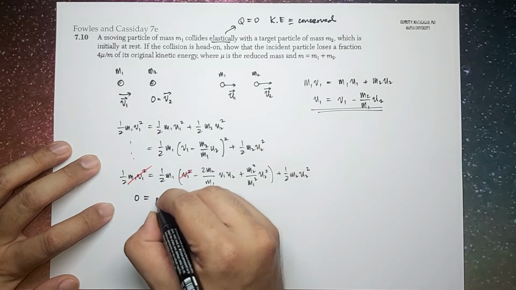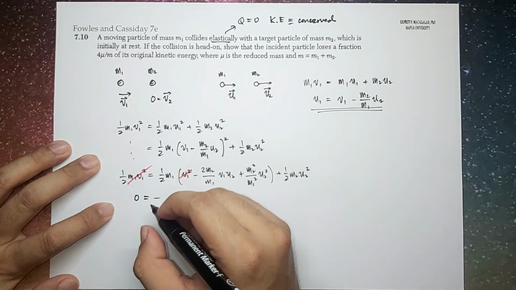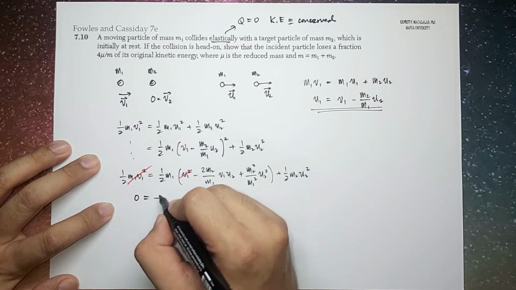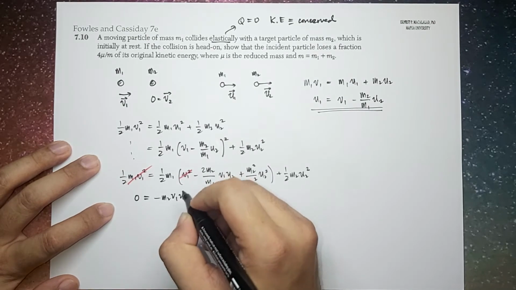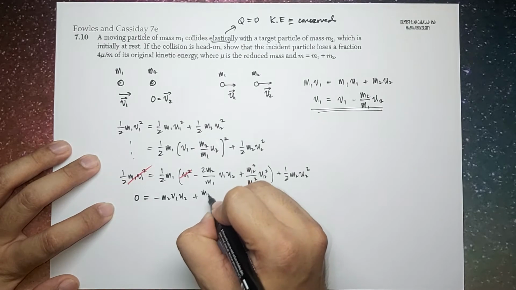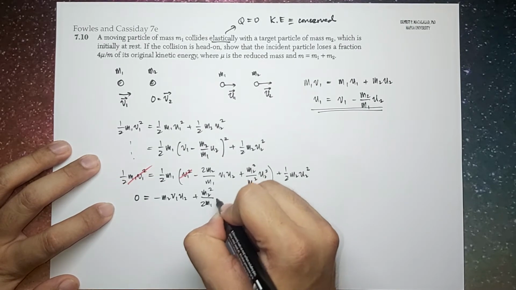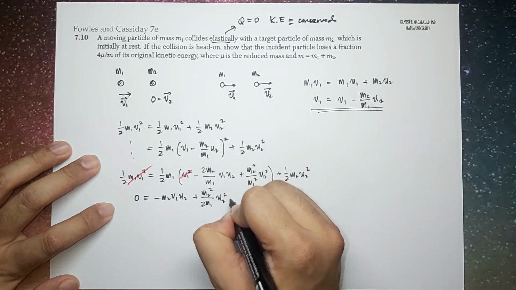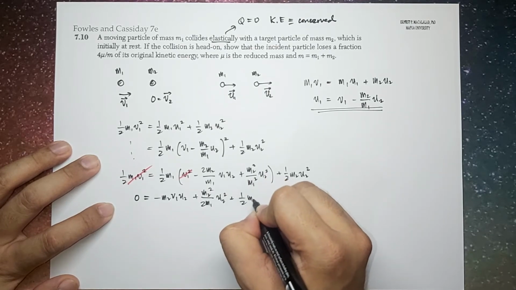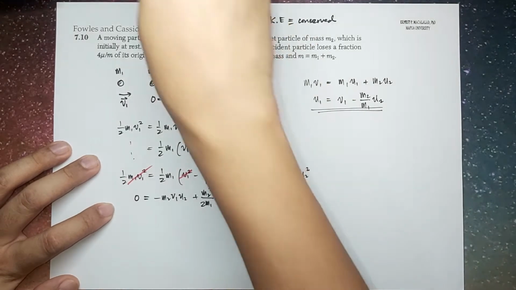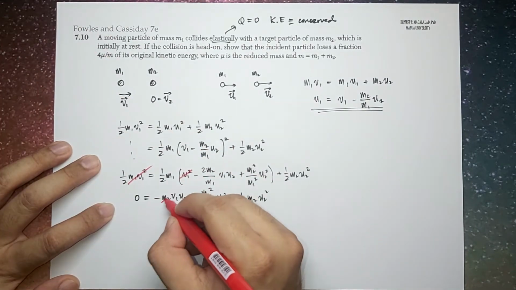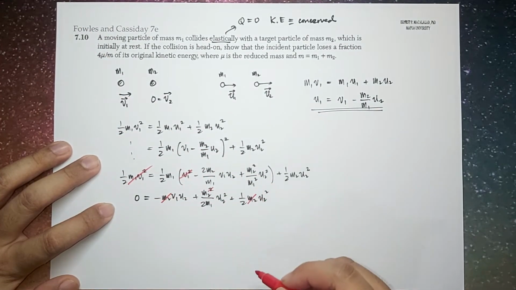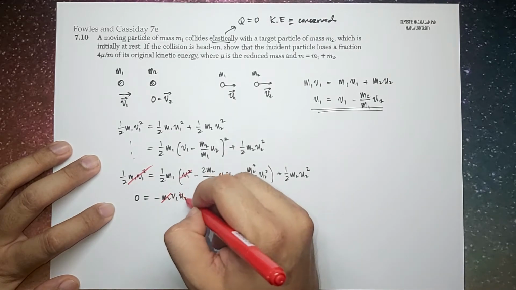So we end up with a simpler equation, that is 0 equals, distributing this to the rest of the terms, negative m2 v1 u2 plus m2 squared over 2 m1 u2 squared plus 1/2 m2 u2 squared. Again, we can simplify this further by cancelling m2, because these are all common factors, as well as u2.